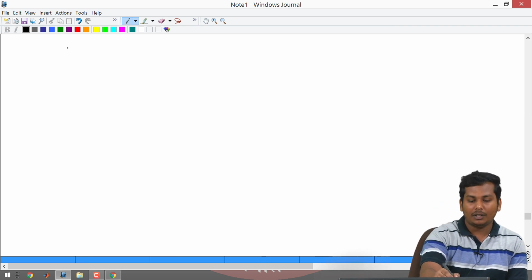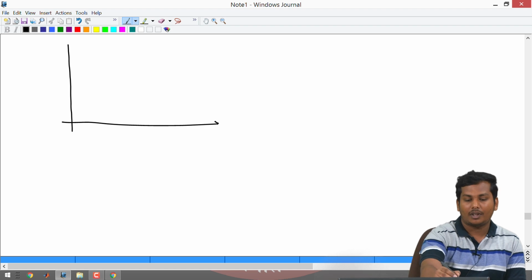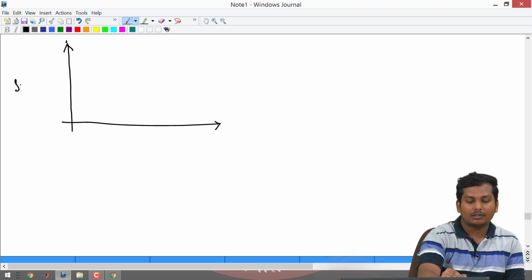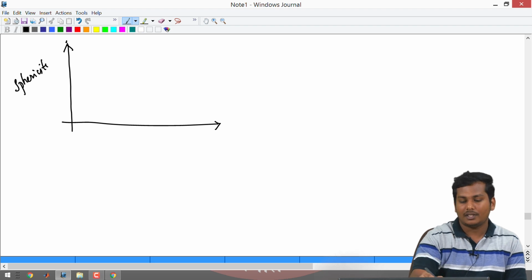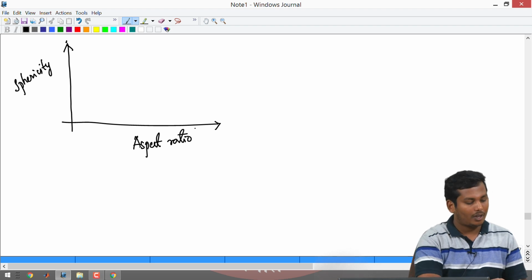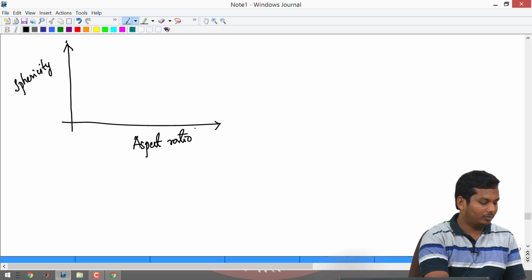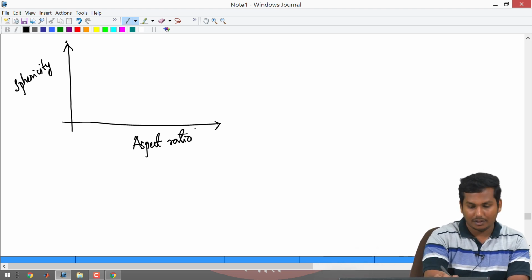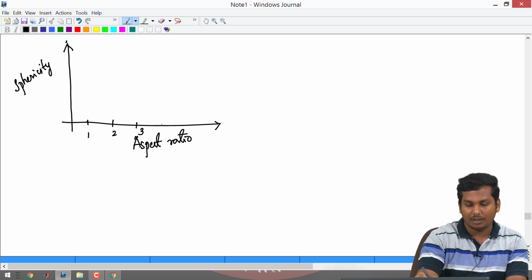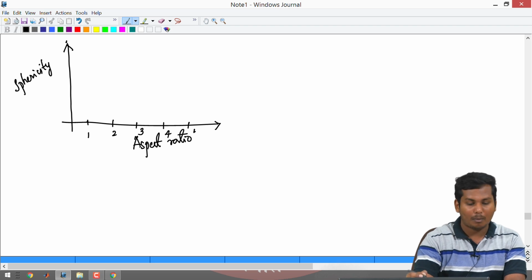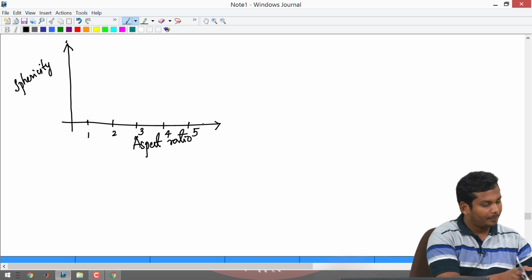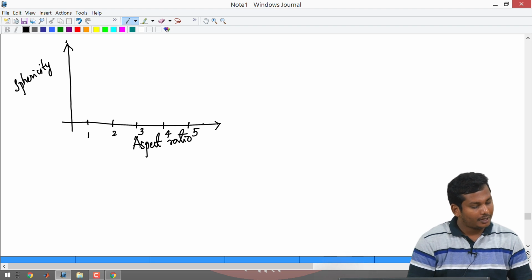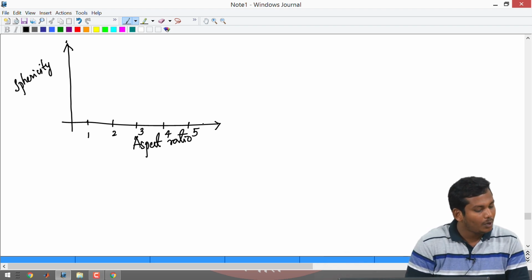We are supposed to plot sphericity versus aspect ratio. So, on the x axis it is 0, 1, 2, 3, 4, 5, and on the y axis the values that we have got are in the range of 0.7672 to 0.9845.